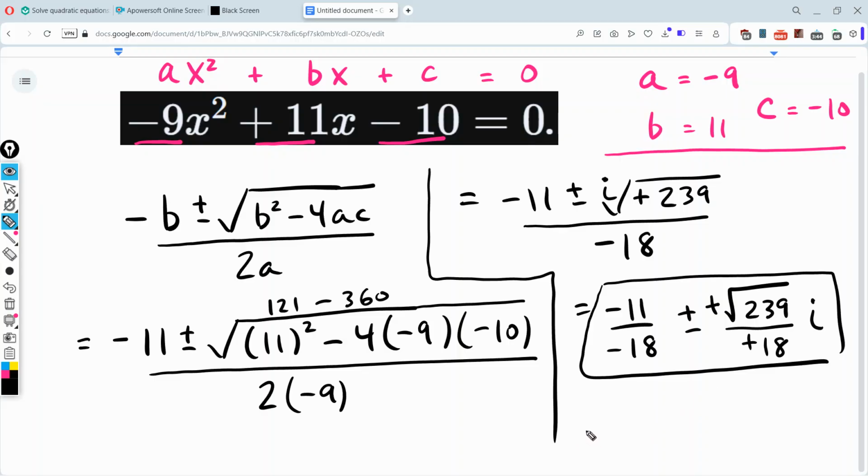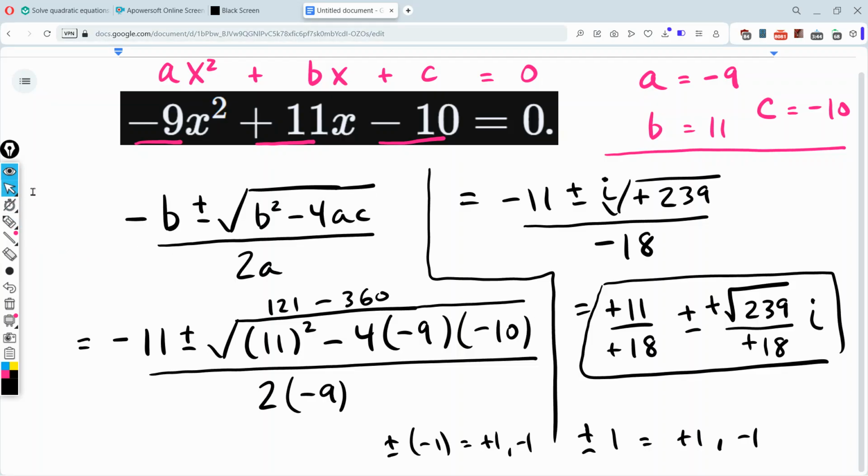If you think about it, if you have plus or minus 1, that's going to be positive 1 and negative 1, right? But if you have plus or minus negative 1, that's still going to be positive 1 and negative 1, okay? So you can just get rid of that negative. So that's what I did. And they'll probably get rid of this one too because it's negative over negative. 11 over 18 plus minus radical 239 over 18 times I.